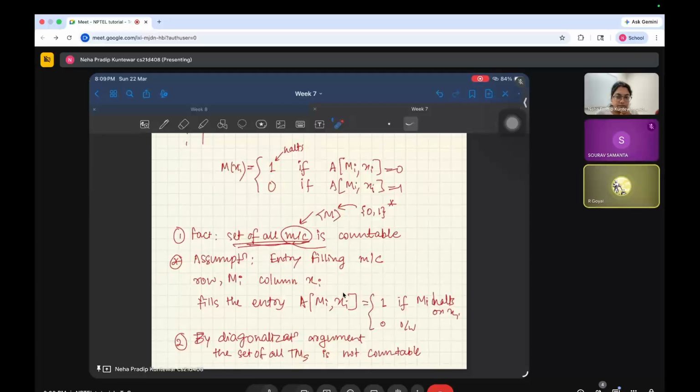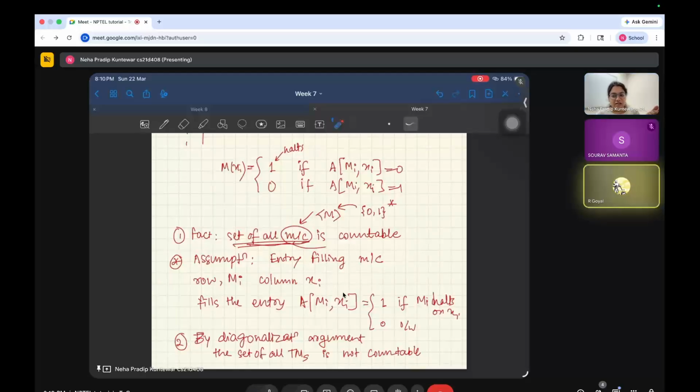It could also be that the first fact is incorrect. That cannot happen because this is a true statement, right? This cannot be wrong because this is a tautology for us.